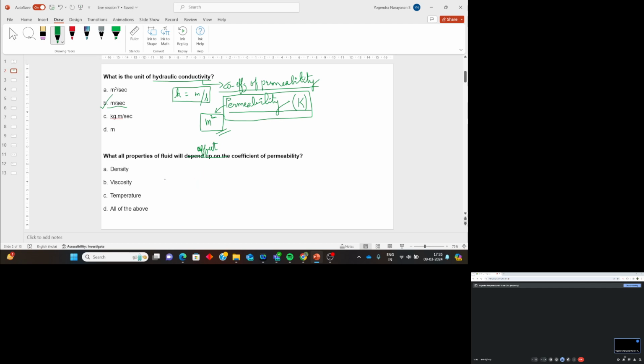Option A density, option B viscosity, option C temperature, option D all of the above. Now let us analyze the options one by one. The first option is density.